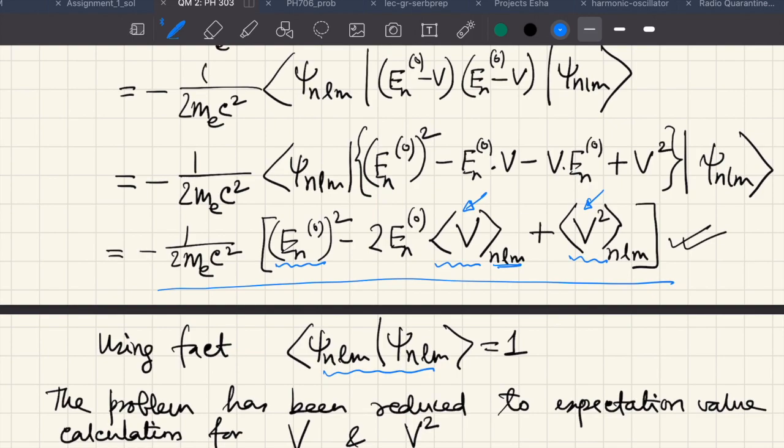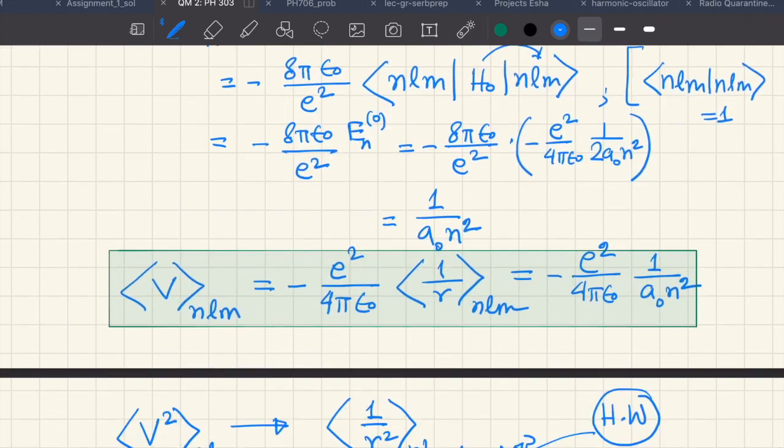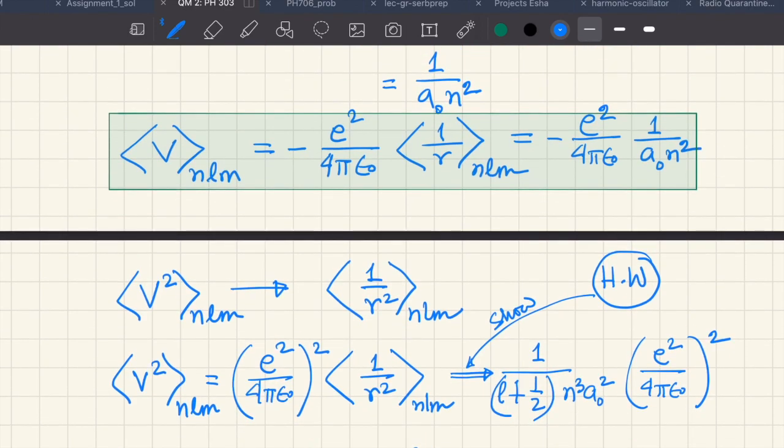So let me see. Yes, so there was a minus sign which will become plus because the V expectation value has one minus sign sitting here.